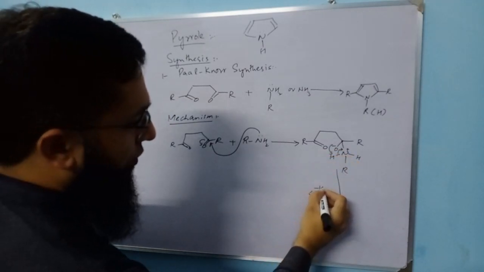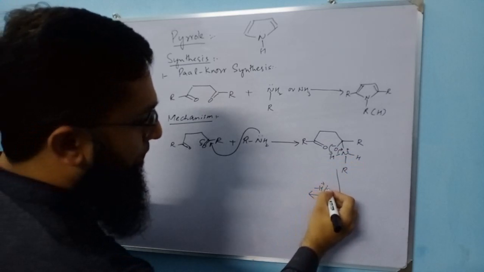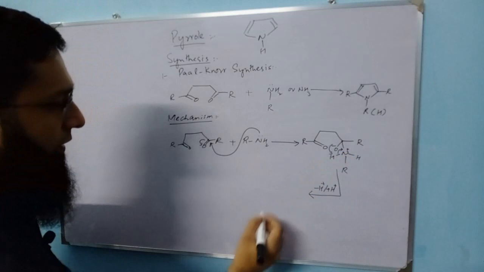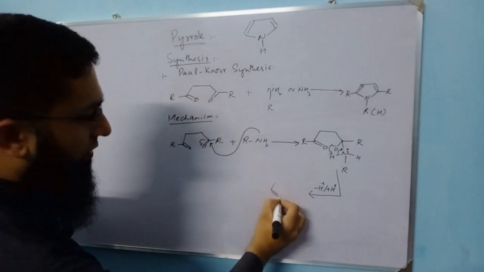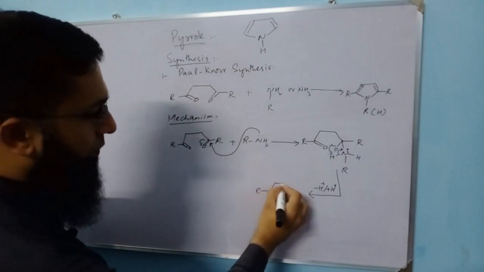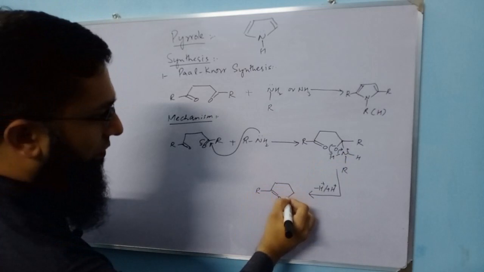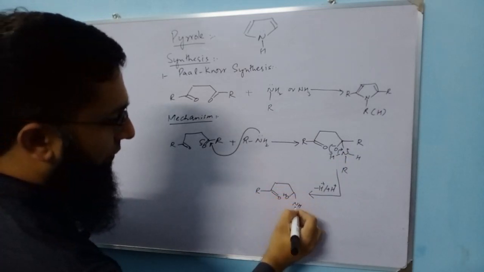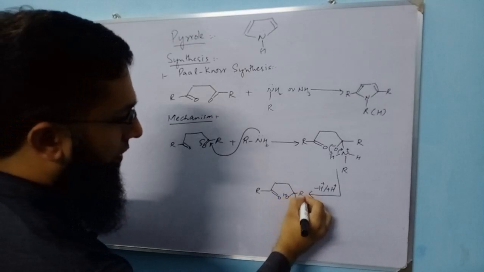This is a proton transfer reaction. Minus H positive plus H positive, and as a result we get OH, NH, R and R here.